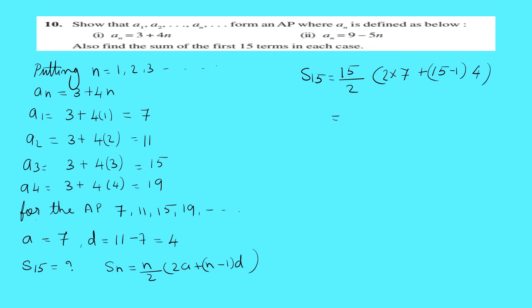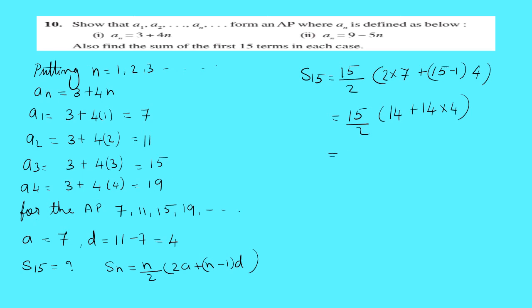So you are using the formula Sn equal to n upon 2 multiplied by 2a plus n minus 1 multiplied by d. That is S15 equal to 15 upon 2 multiplied by 2a, that is 2 multiplied by 7 plus n minus 1, that is 15 minus 1 multiplied by d is 4, that is equal to 15 upon 2 multiplied by 14 plus 14 multiplied by 4.